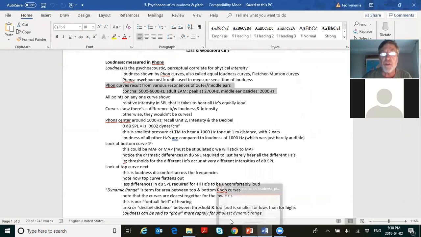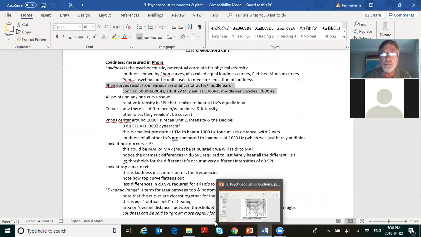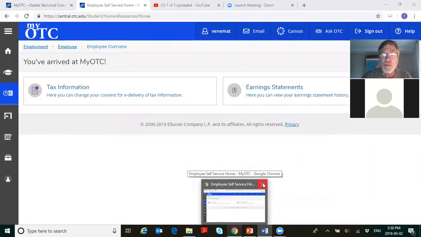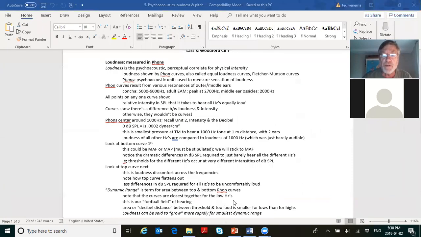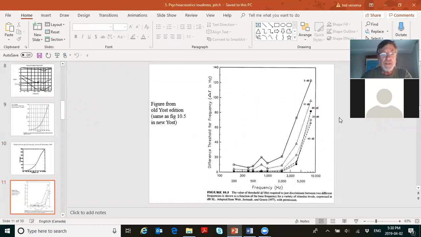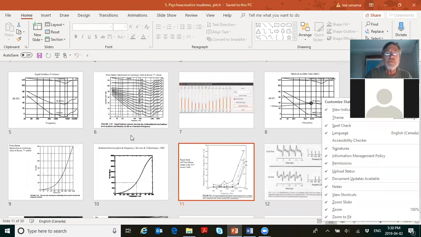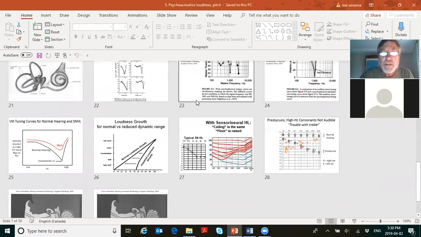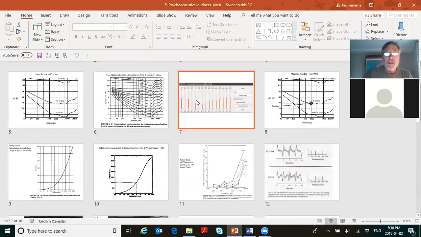Let's see if I can show a picture of that. Shit, whoops. Oh, gosh. Employee self-service home. See if I can close that here. Okay, share. Okay, let's see. Let's see if I can find that guy right here. Okay. Anyway, so here's what they call an equalizer. Let me just see something here, just to make sure we've got it all. Okay. Equal loudness.